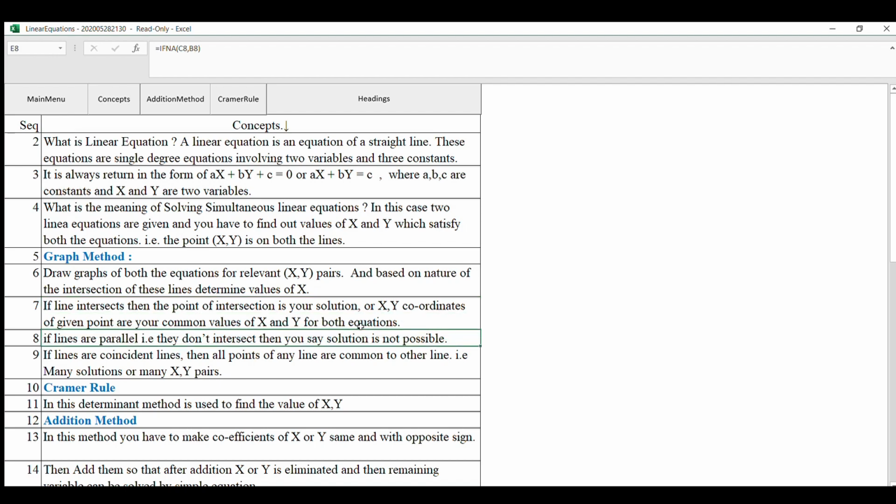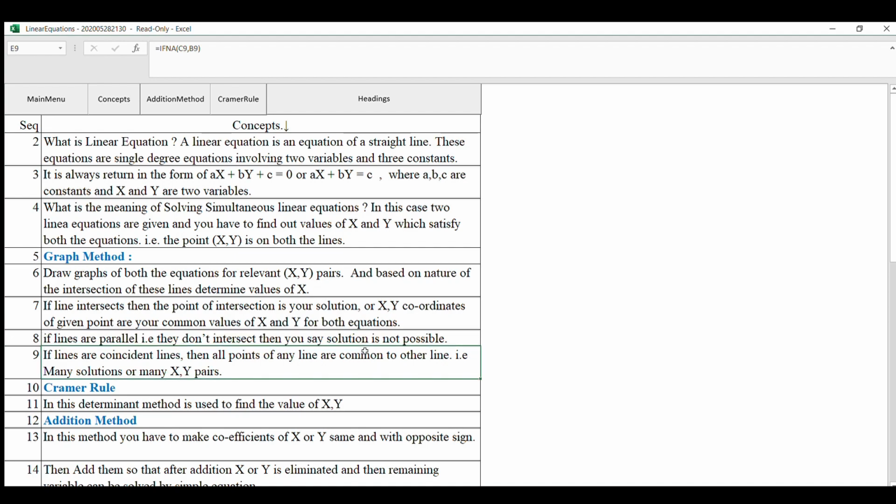If lines are parallel, obviously they are not intersecting. That means there is no common point. So there is no solution, or you cannot find x and y values for these two linear equations.